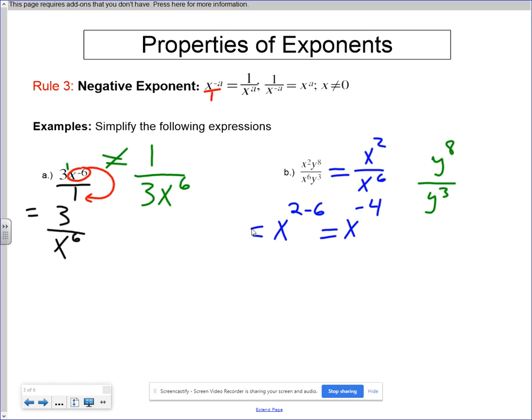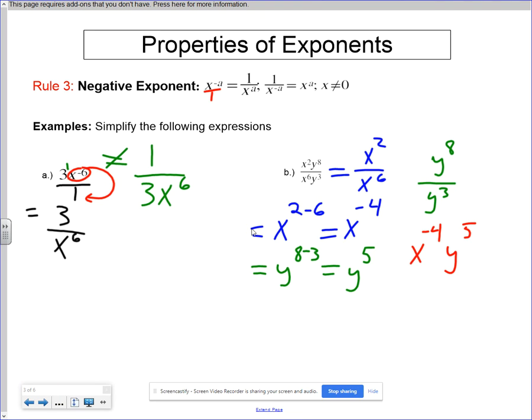We can do the same for our y's here. That will be y to the 8 minus 3, which is the same thing as y to the 5th. So our answer would be x to the negative 4, y to the 5th, but when we're simplifying these expressions, we can't have a negative exponent in our answer.